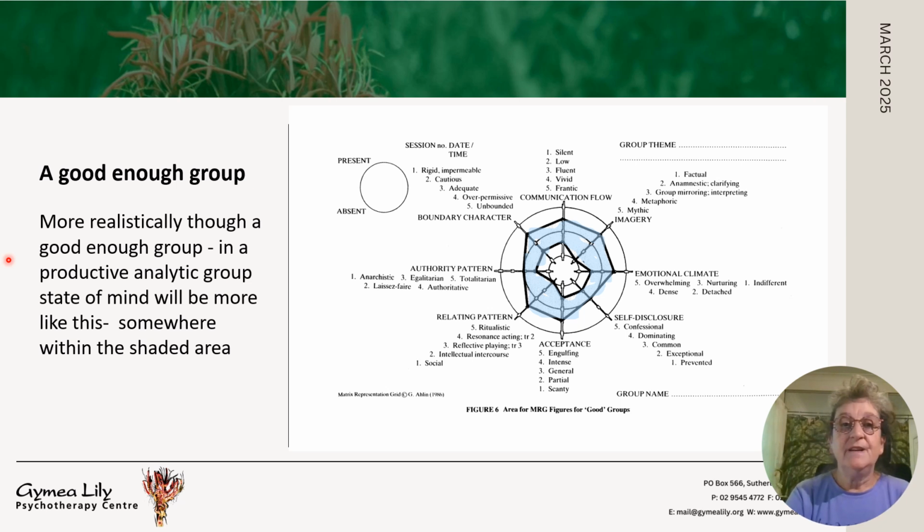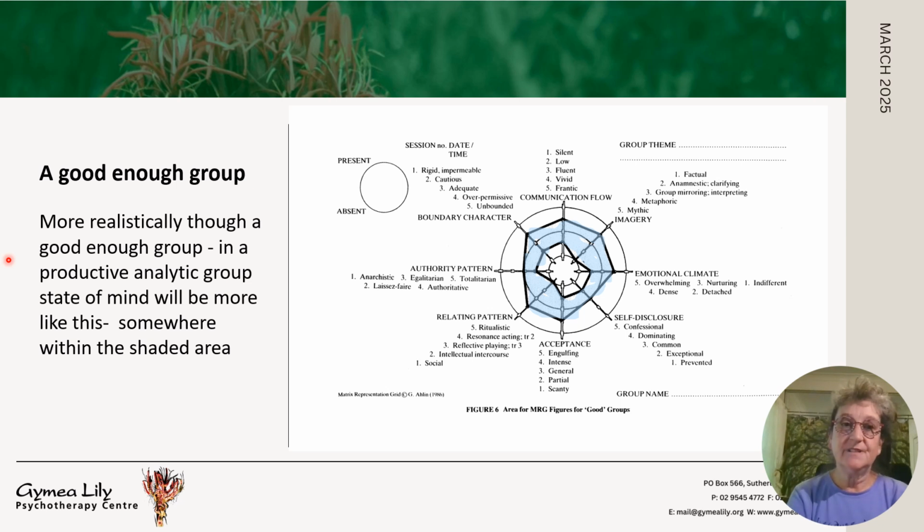Here the members stay focused on the group task. They tolerate uncertainty and frustration. They engage in reflective thinking rather than reacting emotionally. So I just thought I'd throw that in.